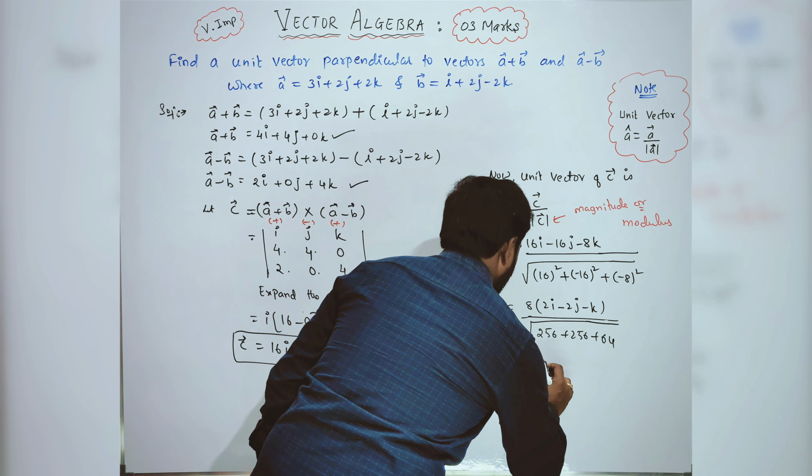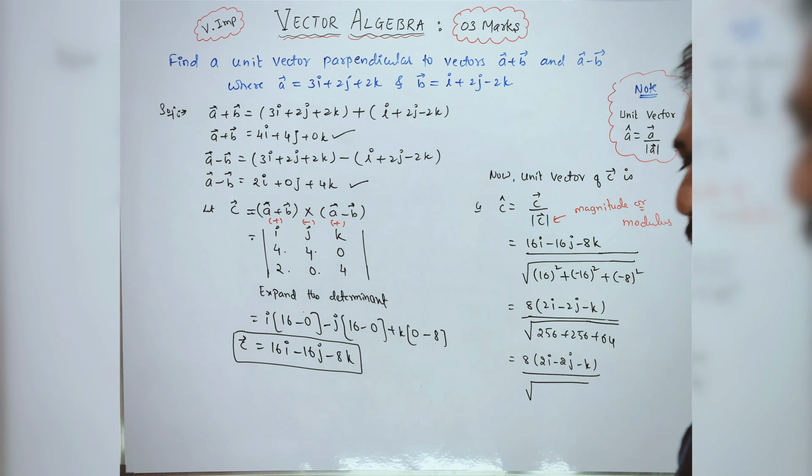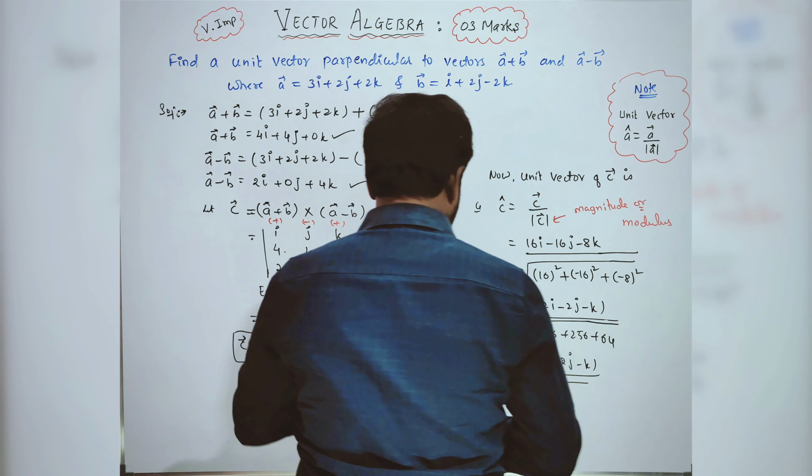Now write it down and calculate that. So what did you get? This is 576, that is, 256 plus 256 plus 64.